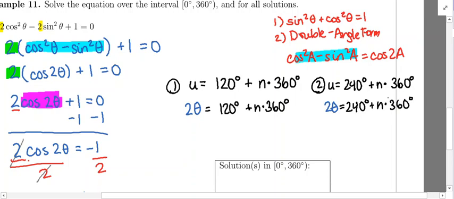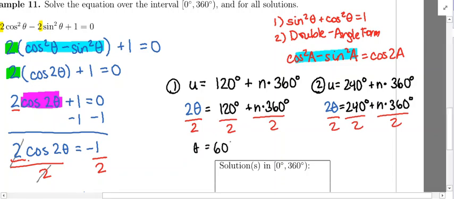Now we can solve for it. Both equations have 2 times theta, and we just want theta, so we divide both sides of the equation by 2, and everything gets divided by 2. For the first equation, theta is equal to 60 degrees plus 360 divided by 2, which is 180, so n times 180 degrees.